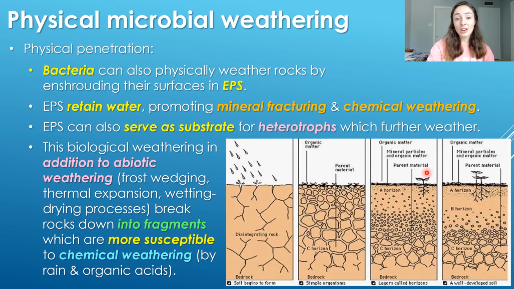And this is when macroorganisms come in, like plants, that can further break down the rocks with their roots and stuff. So all of these processes work together to continue to break down these rocks.